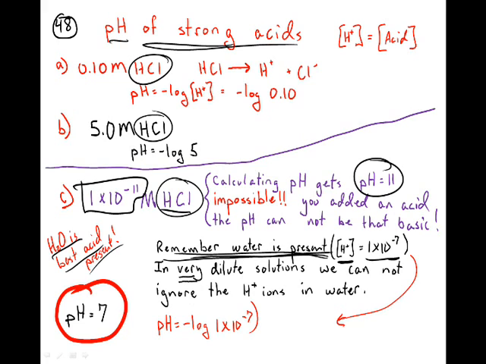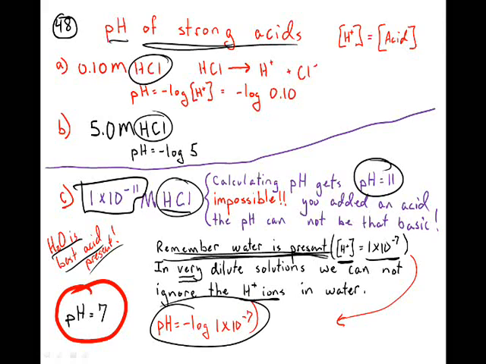So in really dilute solutions, you can't ignore that. In really dilute solutions of acid, the pH is based on water. So the pH here is going to be 7. Don't let that trick you. That's an excellent problem. It takes a lot of insight on your part to be able to solve that problem. It means you know some things.